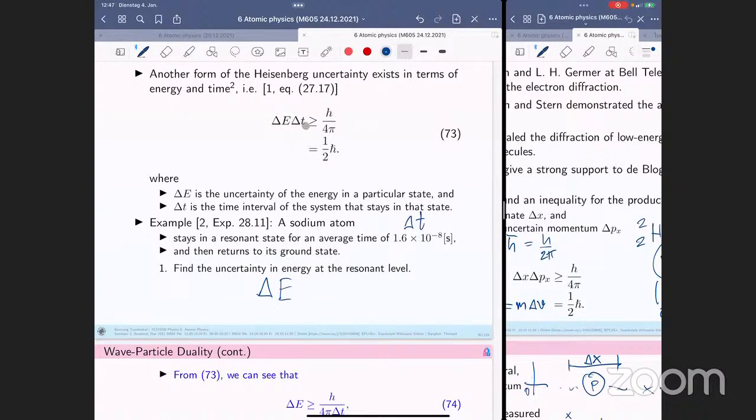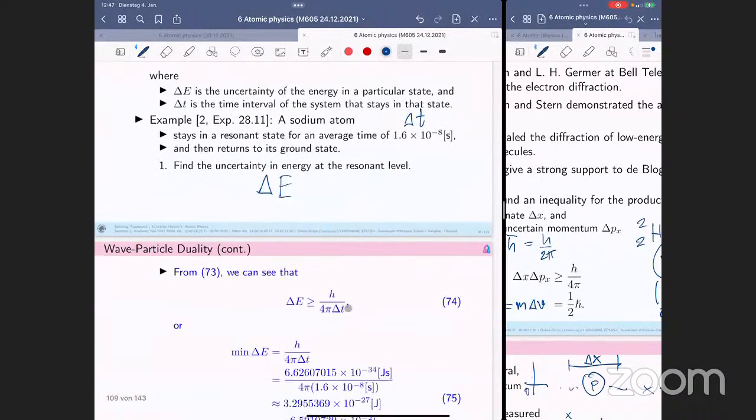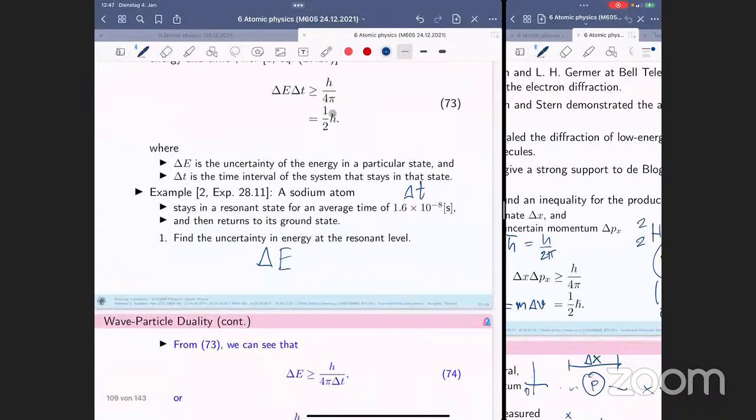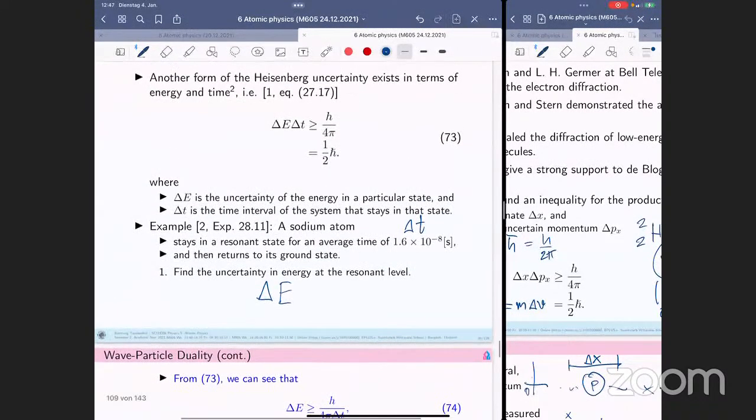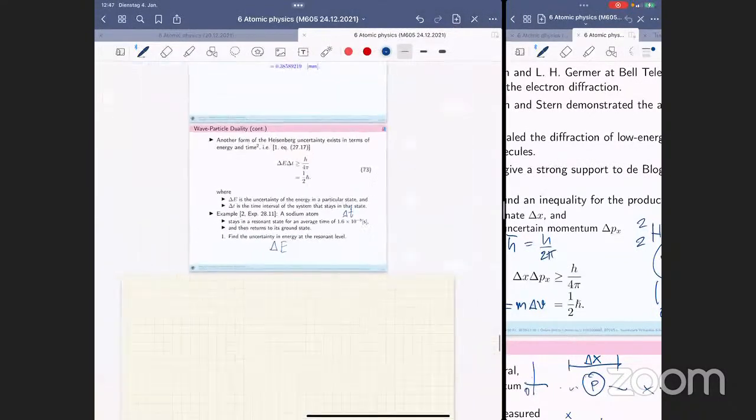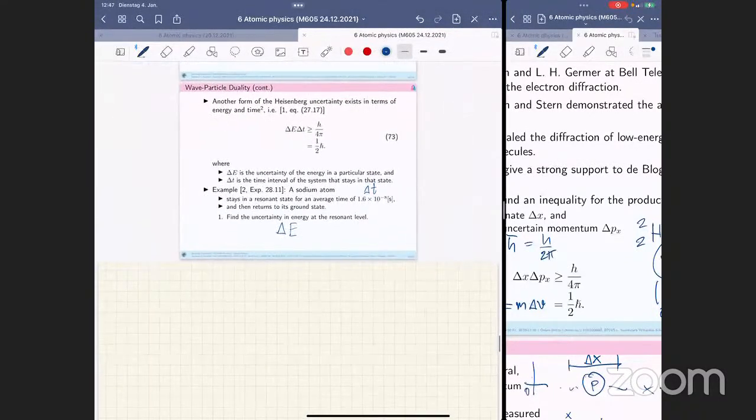So delta T will appear as the denominator, right? h/2 or h by 4 pi. So delta E is gonna be here as we move it to the right hand side. Okay, let's draw something. Yes, the sodium atom, right? You have a sodium atom, and of course there is a nucleus, proton, neutron, blah blah blah, right? And there will be electrons.